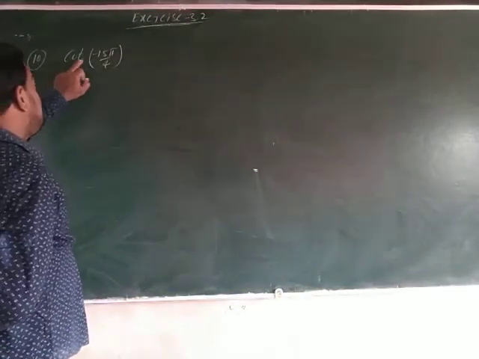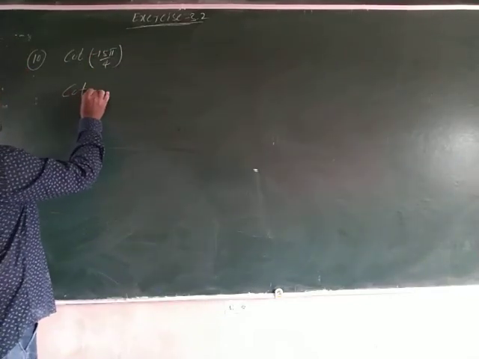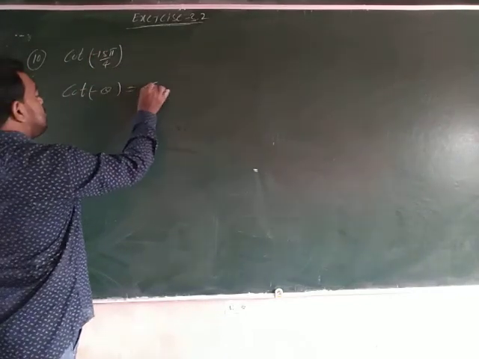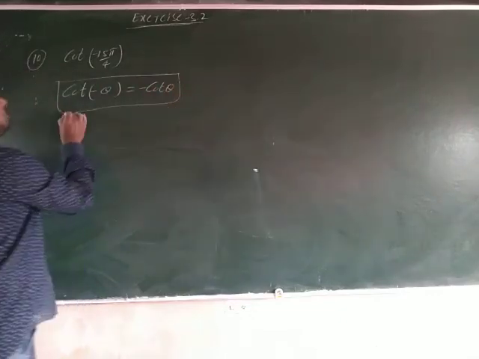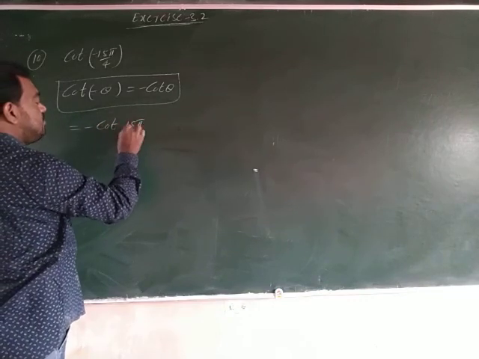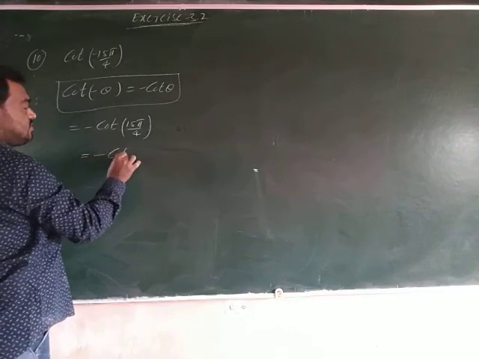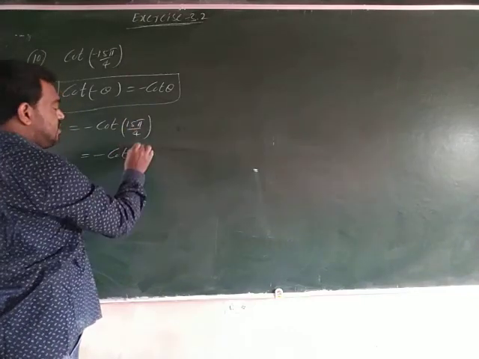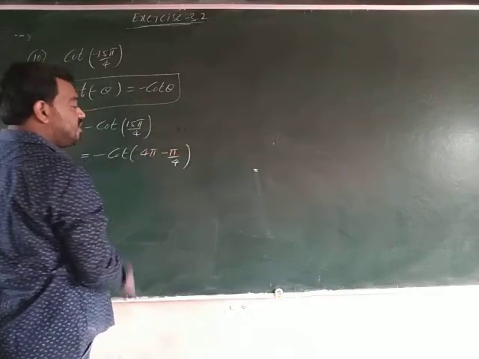Next, the 10th question, in this exercise the last question: cot of minus 15 pi by 4. Cot of minus theta is equal to minus cot theta. So this is equal to minus cot of 15 pi by 4. 4 4s are 16, so here 1 less is there, so minus pi by 4 I get.